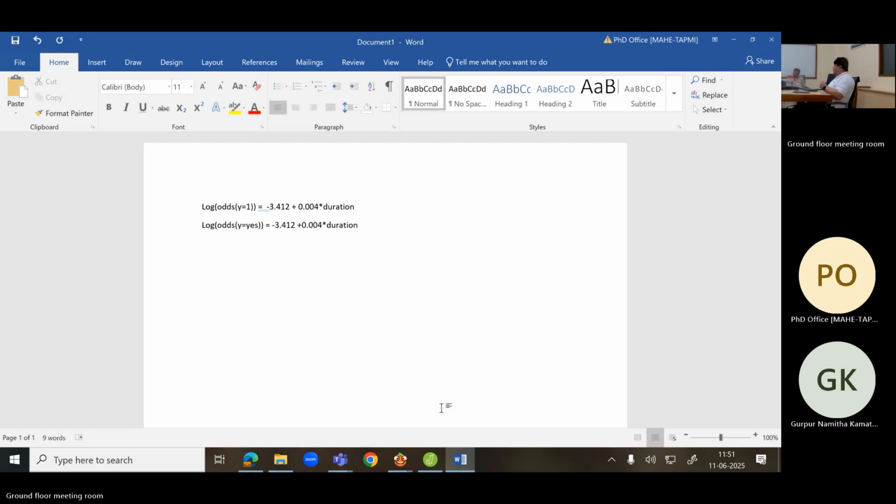Odds is a term which has been defined for logistic regression. Let me define here, odds of y equal to 1. What is it? It is nothing but probability of success divided by probability of failure.